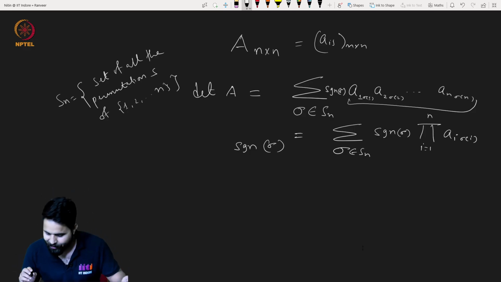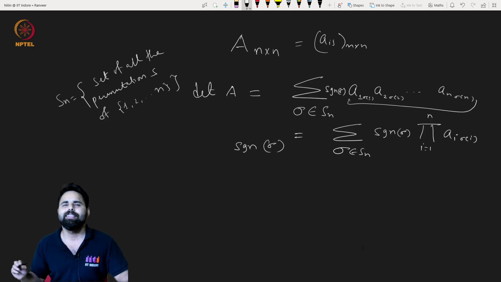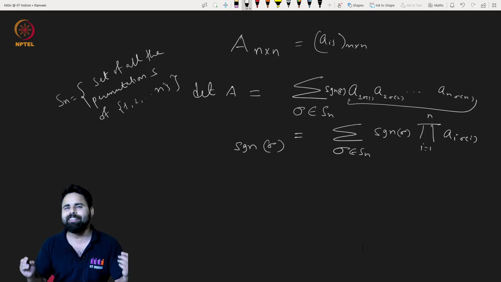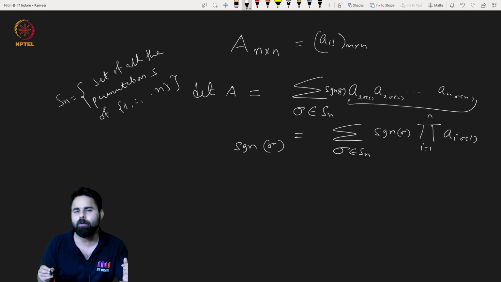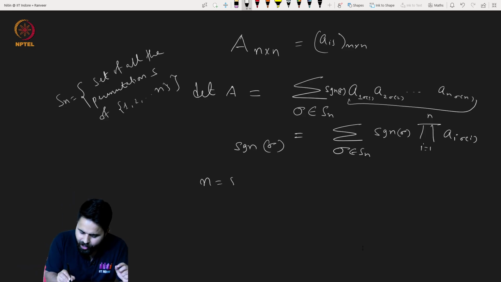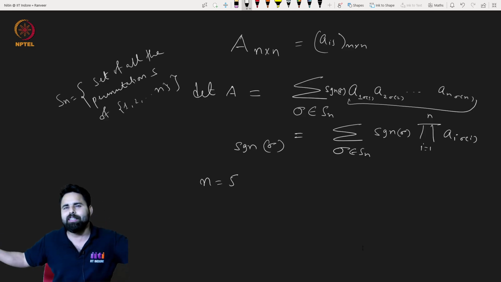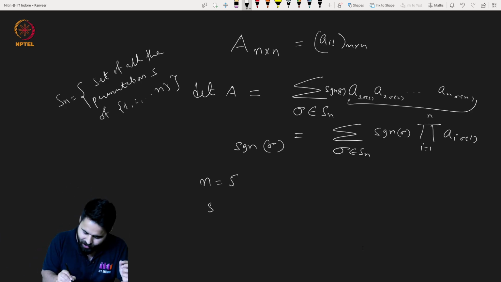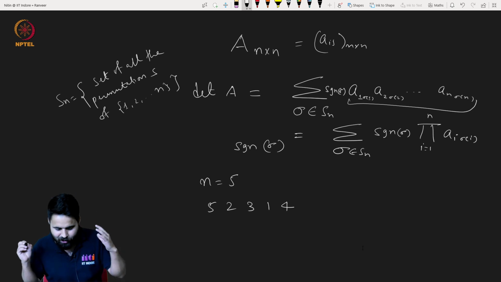Very good. So what do we mean by the sign of a permutation? Let us take one permutation. Suppose n equal to 5, and suppose the permutation of the numbers from 1 to 5 is 5, 2, 3, 1, 4. I hope I have included everything.